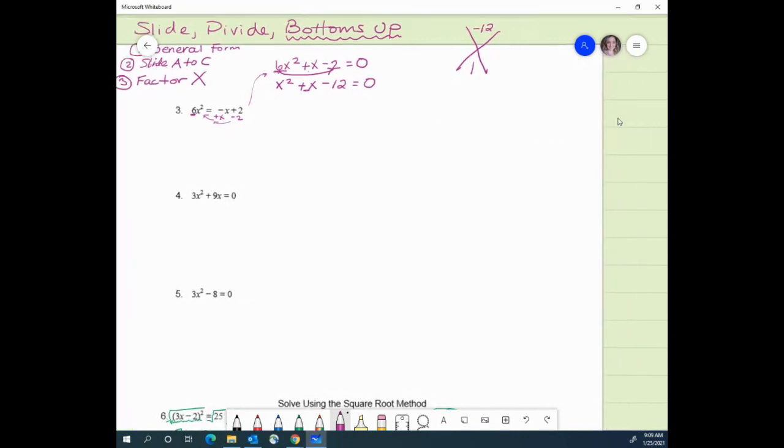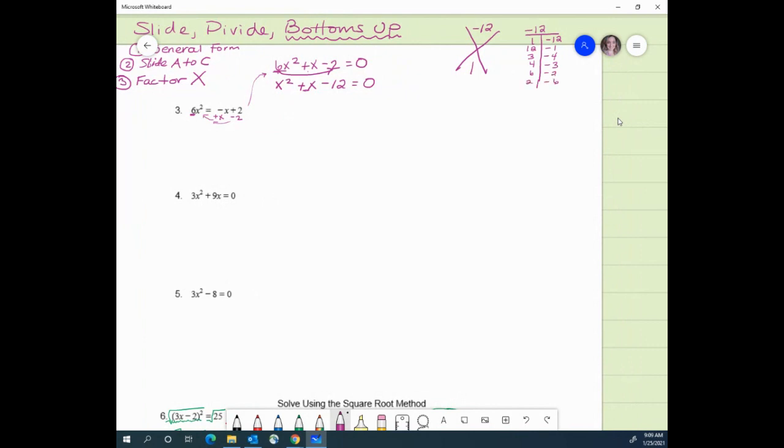So let's figure out what our factors are for negative 12 that are going to give me a positive 1. Negative 12 has a lot of different factors: 1 and negative 12, or 12 and negative 1, 3 and negative 4, or 4 and negative 3, 6 and negative 2, or 2 and negative 6.